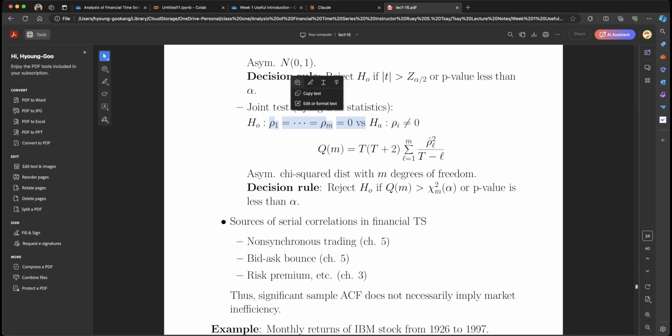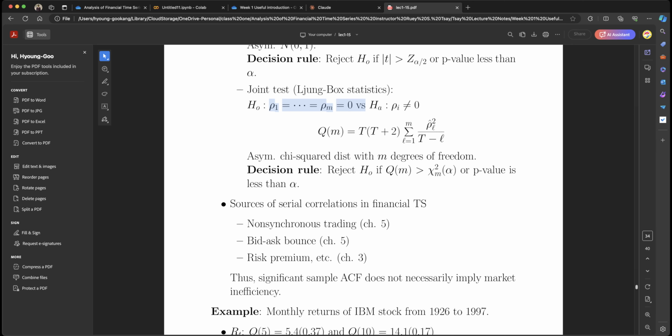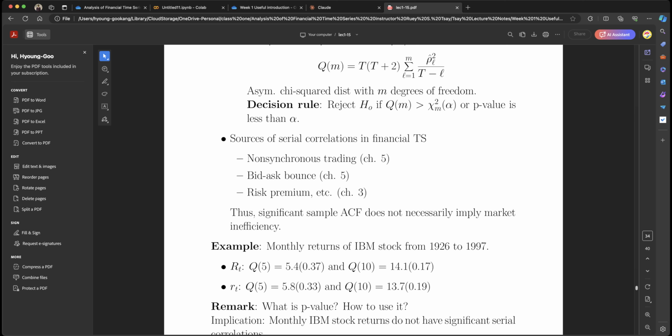History should not be useful to predict the future, but because of data issues there is sometimes serial correlation, like non-synchronous trading, which we will explain in chapter 5, or bid-ask bounce or risk premium. Thus, a significant sample autocorrelation function does not necessarily imply market inefficiency. They are possibly just technical issues like these.